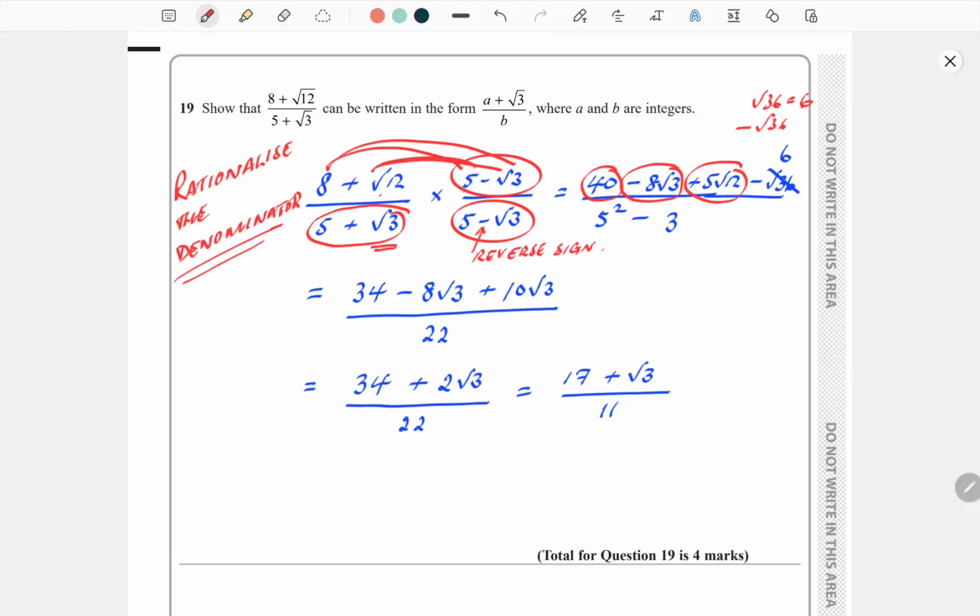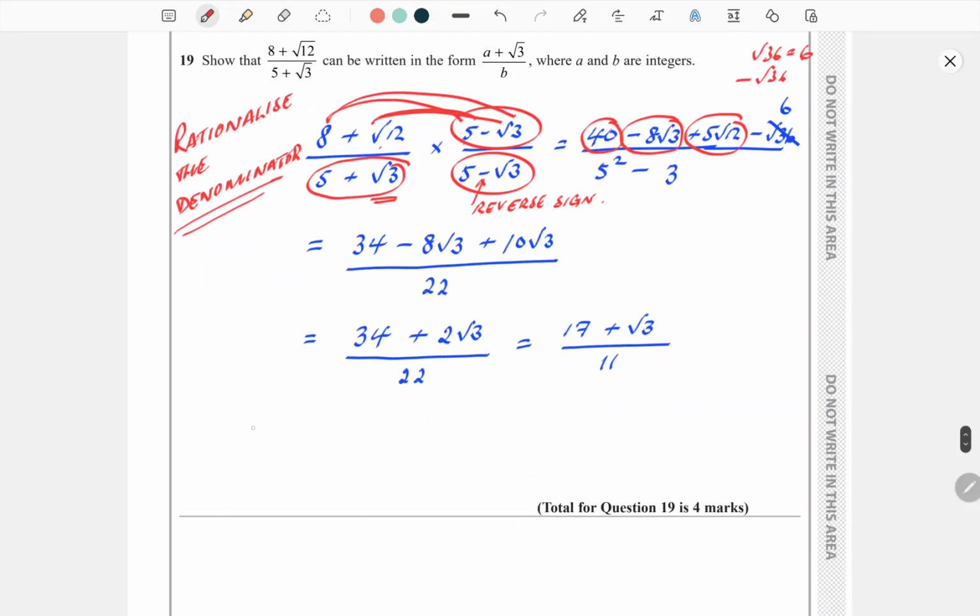On the bottom, we're using a property that I'll explain here. And again, you're expected to know this, called the difference of squares. That gives you this rule here.